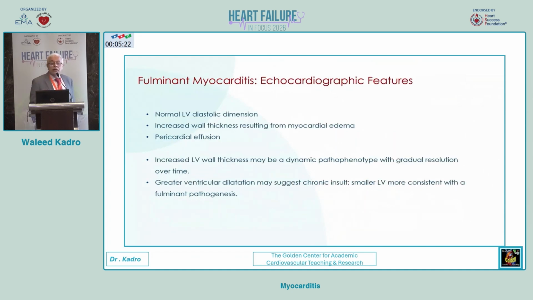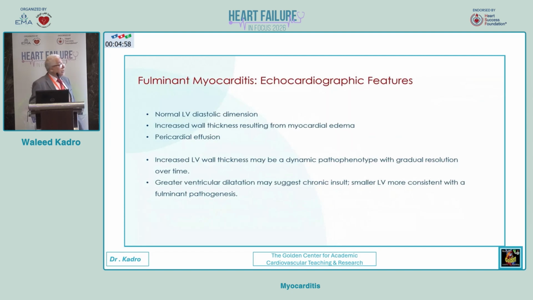Let's go to the echo findings. There could be a normal LV dimension, although the patient is presenting with heart failure, because it's an acute injury and the left ventricle is not dilated. There is increased thickness in the myocardium, not due to hypertrophy but due to edema. Pericardial effusion could be present.